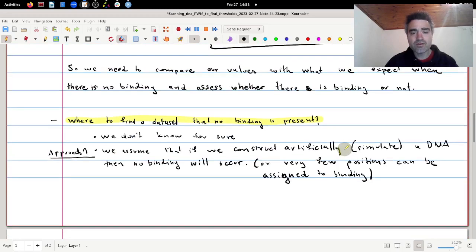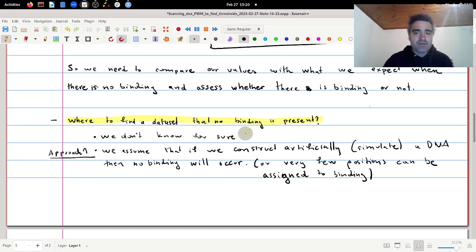Okay, now the question is, where can we find such a data set that there is no binding? Or how to find a data set where no binding is present.